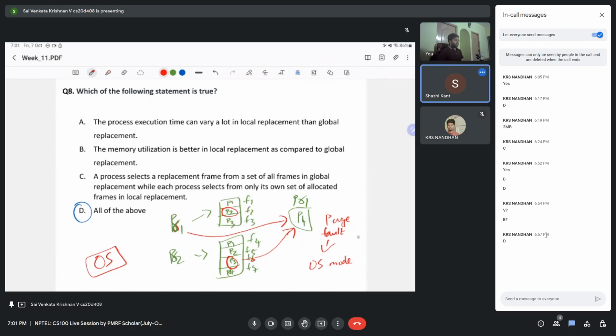Okay, thanks. So two things to note: one is memory utilization, and the other is process execution. Your memory utilization is better in global replacement, not in local replacement, because if it's just local, only these 3 frames are allocated to this process, and assuming that P1, P2, P3, all these 3 pages are frequently used, but it has to get in P4 and use that also actively.